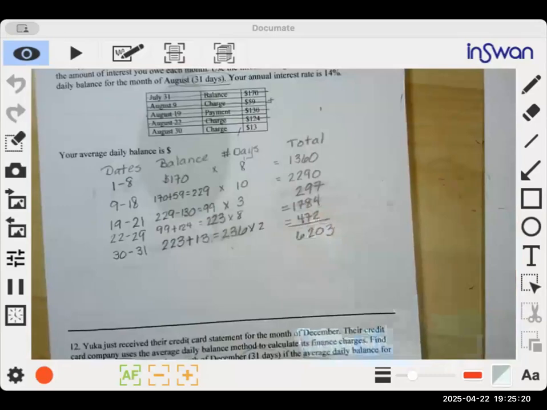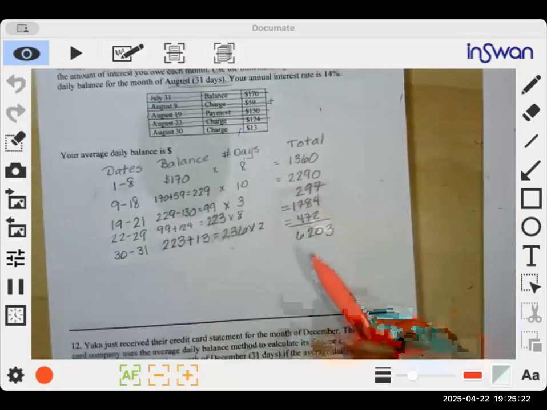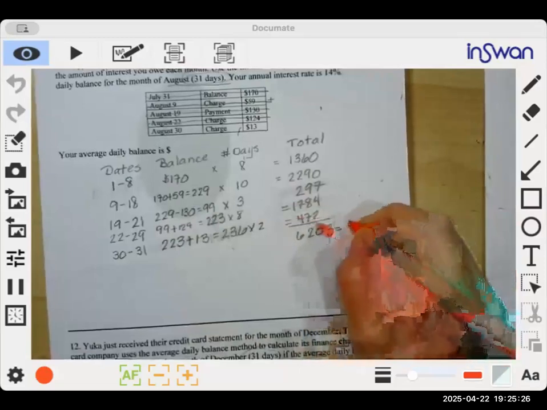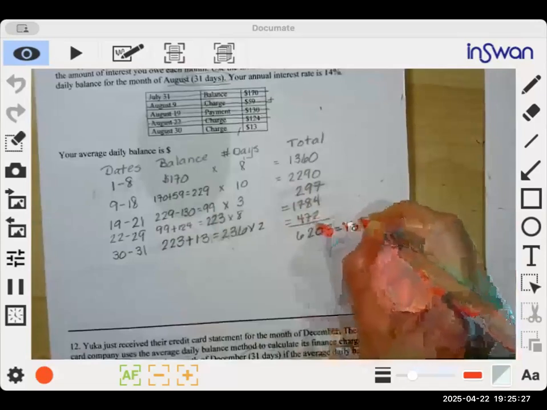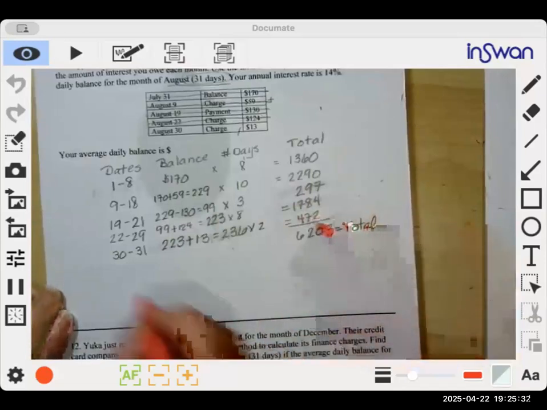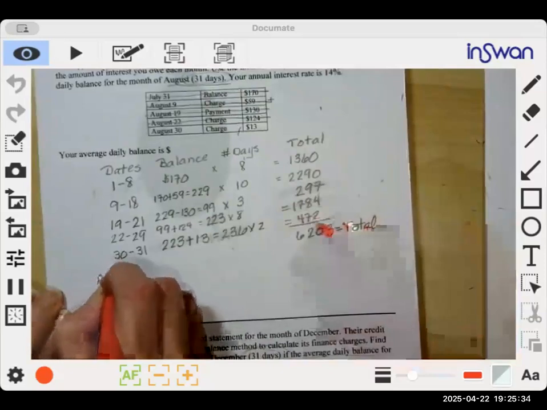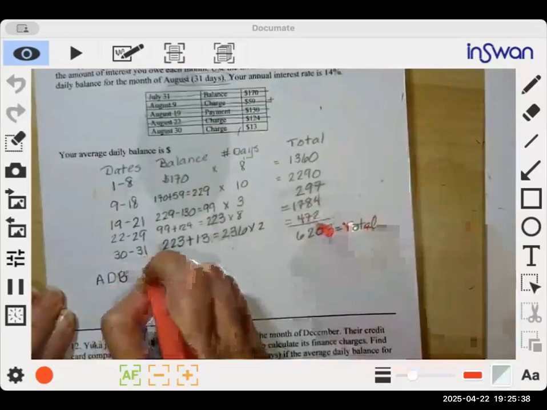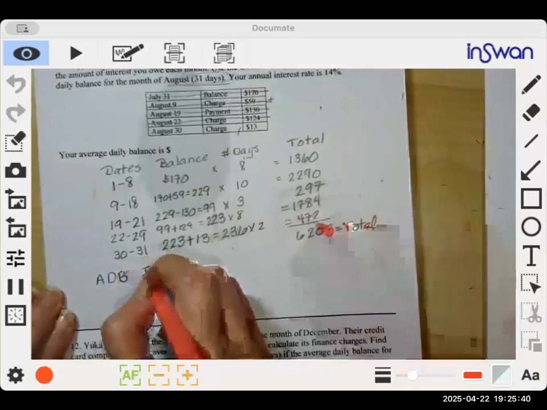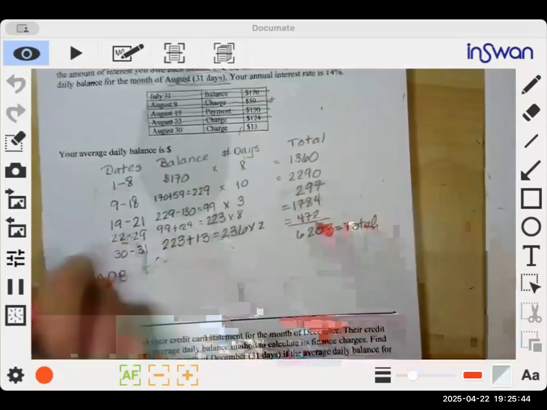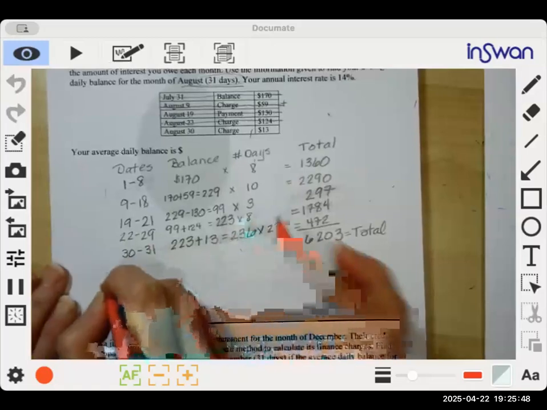And we're not even done yet. Okay, so we have all this. This is our total balance for the month. So now we need to figure out the average daily balance.